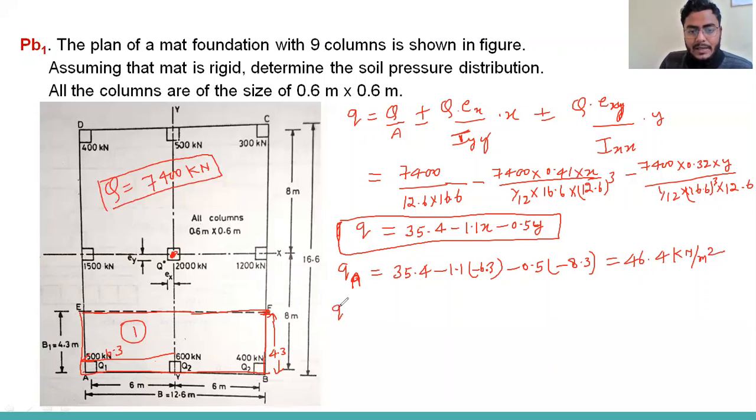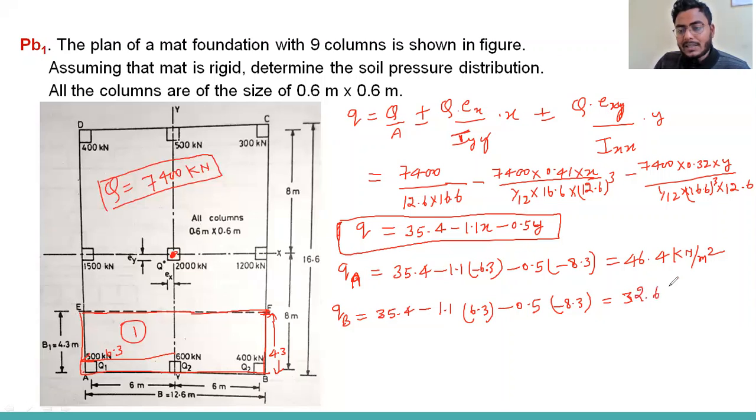Similarly, we can calculate at point B: 35.4 minus 1.1 into the x coordinate of point B, which is positive 6.3, minus 0.5 into the y coordinate of B, which is minus 8.3. So we get 32.6 kilonewton per meter square.